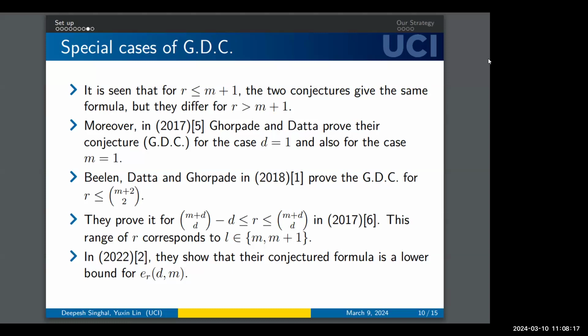This corresponds to l being m or m plus 1 in the previous notation. So for small and large values of r, the exact formula has been proven. For all the other values, they show that the conjectured formula is at least a lower bound for e_r^d(m). But showing that it's an exact formula for the middle values of r remains unproven.